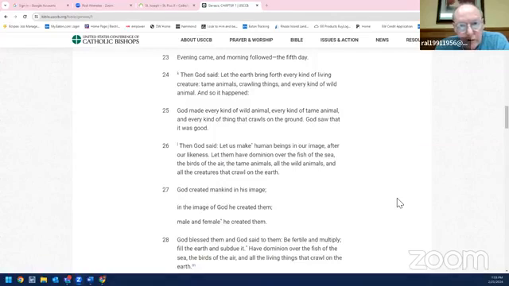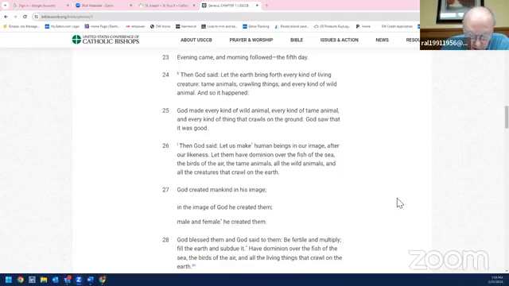It says, Then God said, Let the earth bring forth every kind of living creature, tame animals, crawling things, and every kind of wild animal. And so it happened. God made every kind of wild animal, every kind of tame animal, and every kind of thing that crawls on the ground.